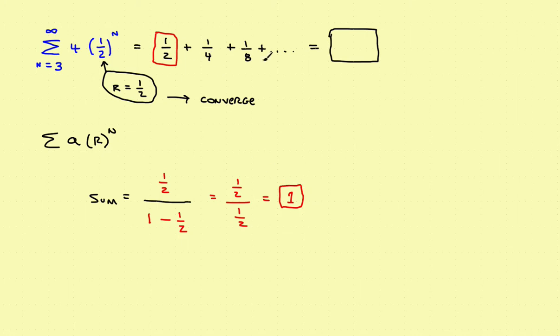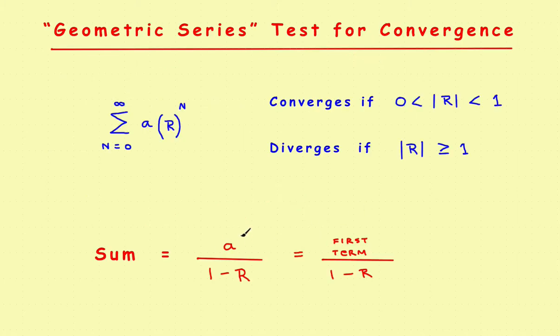So if you were to add all these things up, they would add up to 1. So you found out, first of all, that the series did converge, and that it actually converged to 1. So it does make a difference where it starts, and that's why I would use this form right here. Rather than using a sub 0, you may be tempted to plug in the wrong number. If you write out the first few terms and always plug in the first terms, then the sum will work out right.